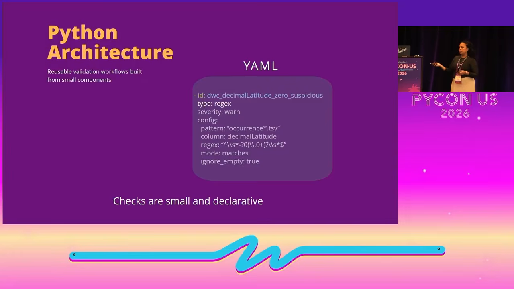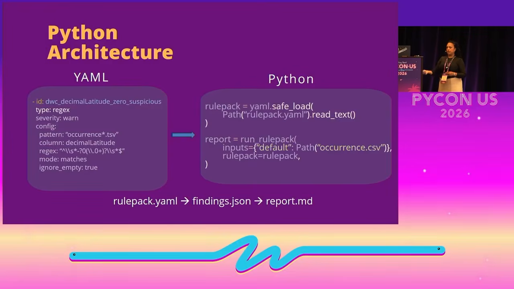Again, this is a regular expression, and we have the severity that's a warning, and then some configuration information about where it's coming from in the TSV, and also if the mode is matching or we're looking for the opposite. So these checks are small and they're declarative.